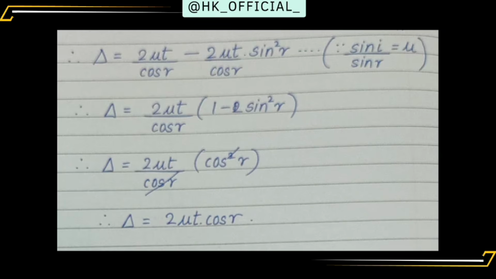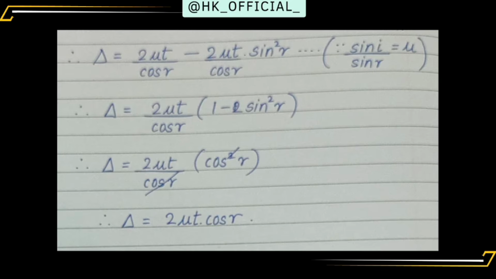So I got delta is equal to 2 mu T upon cos R minus 2 mu T sin square R upon cos R. I am just simplifying and going further, nothing complicated. In the second step, I just took 2 mu T upon cos R common from the equation, so I get in the bracket 1 minus sin square R. Now by the first trigonometric identity, we all know sin square theta plus cos square theta is equal to 1.